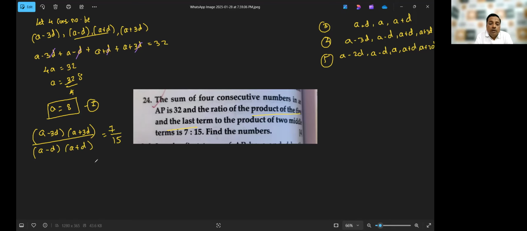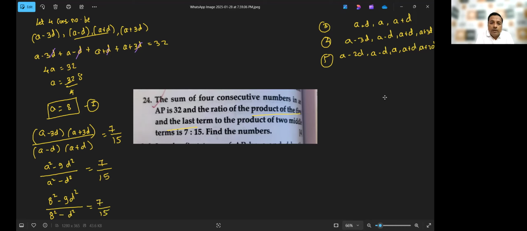This is the condition. If you observe students carefully, numerator में a minus b, a plus b की identity है, a square minus b square. Then we can write a square minus 9d square. And denominator also a square minus d square is equal to 7/15. But we have the value of a, that is 8. 8 square minus 9d square and 8 square minus d square is equal to 7/15.